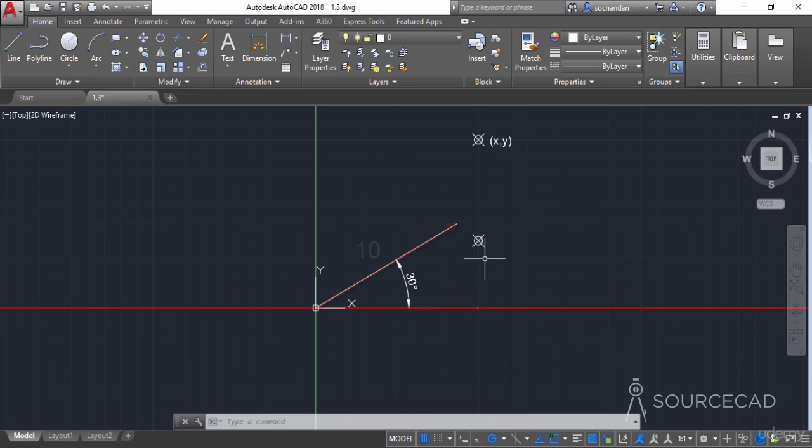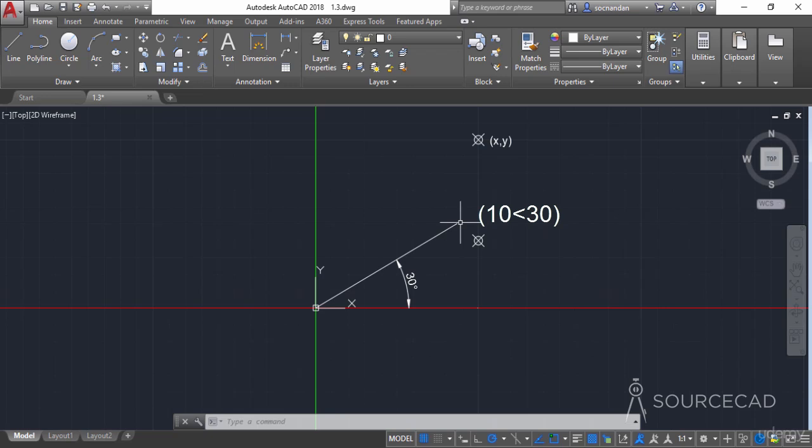So if you don't want to specify the end point of this line in terms of the Cartesian coordinate system and you want to specify it in other units, which is the polar coordinate system, then you need to represent the values as the length of the line and the angle included here. So that will be the length, which is 10 units, and then the angle, which is 30. So this will be the value in the polar coordinate system.